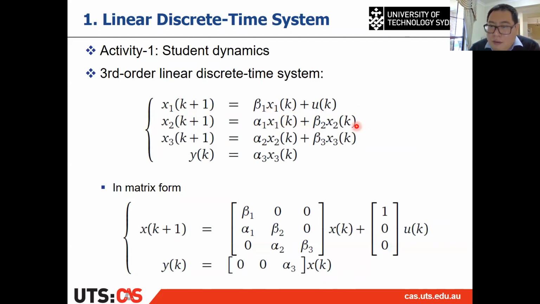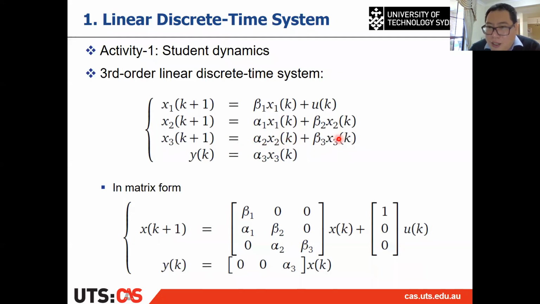And the other part are the failures of the students in year 2 in last year, which is beta_2 times x_2^k. And x_3^(k+1), which is the number of students in year 3 in next year, there are also two parts. One part is the promoted students from year 2 this year, which is alpha_2 times x_2^k.